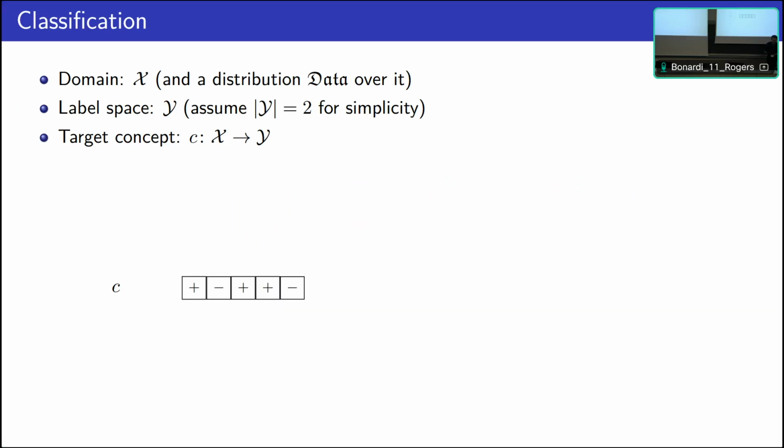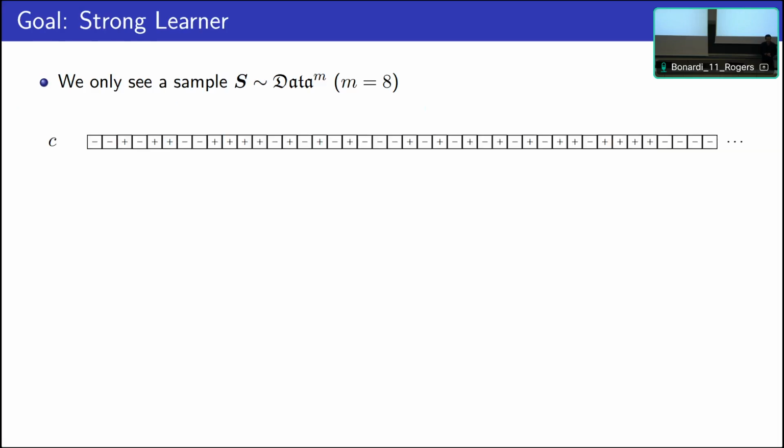And in the drawings that we'll have, we represent this like you can see, where this notation means that the hypothesis C associates the label plus 1 to the first input. So the difficulty in this setting is that C can have a very large domain, even infinite, and we don't see it directly.